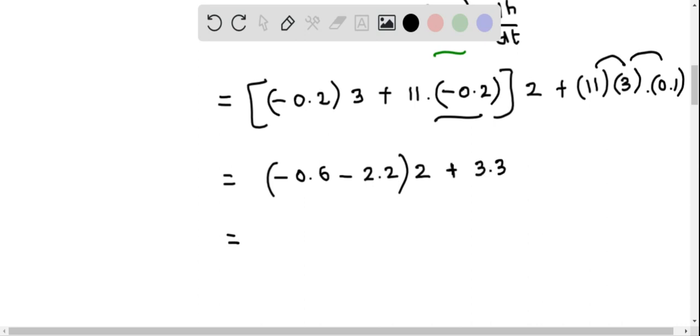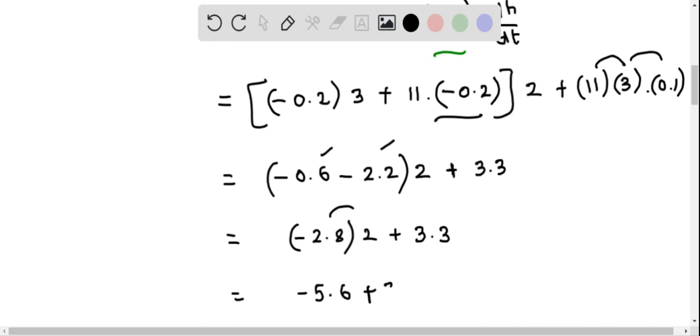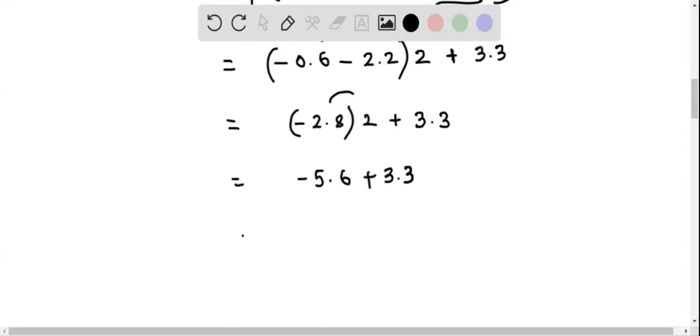So let's evaluate this. This is negative 0.6, negative 2.2, which is negative 2.8 times 2 plus 3.3. And so negative 2.8 times 2 is negative 5.6, plus 3.3, and this gives negative 2.3.